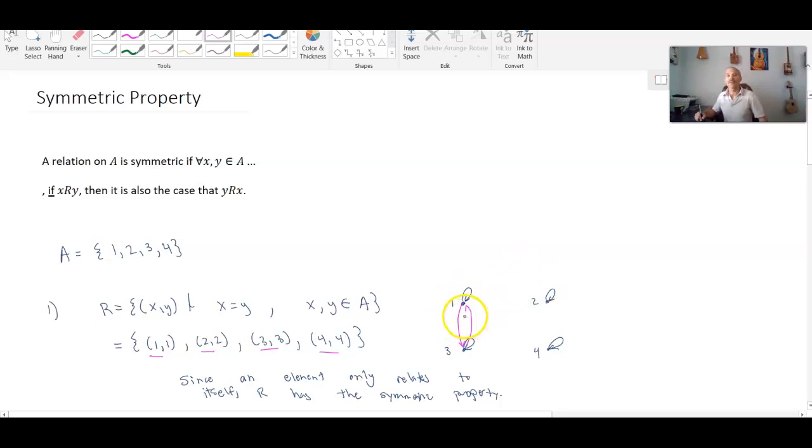Yes, it does. Therefore, we should see inside of the set that if (1,3) would be in there, (3,1) would also be in there. But since there's no mapping from one element to other elements, there's no violation of the symmetric property, and we say that the relation does have the symmetric feature.